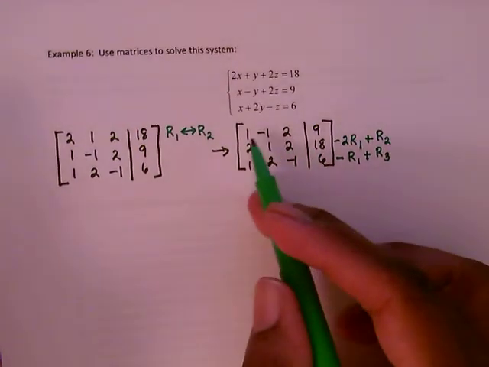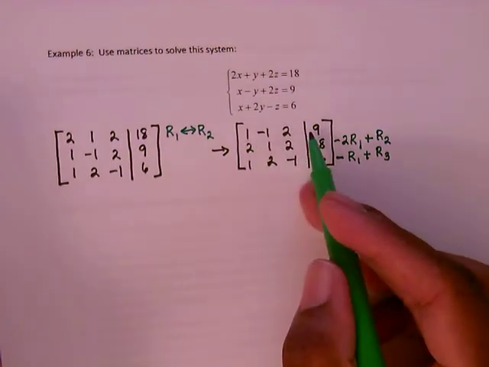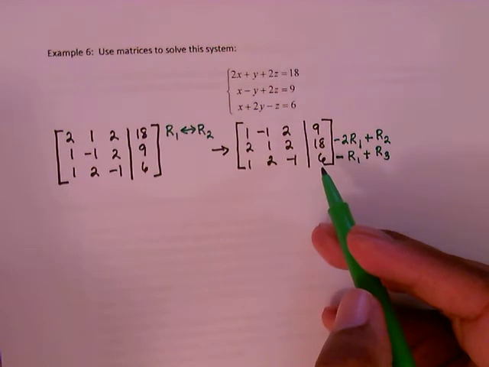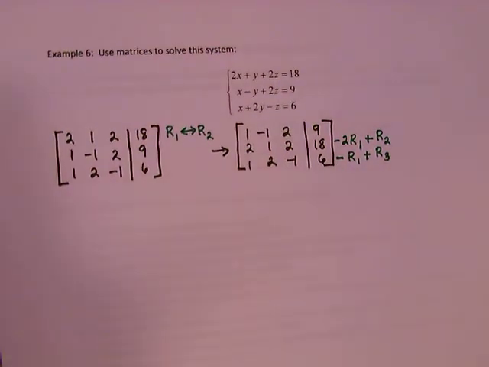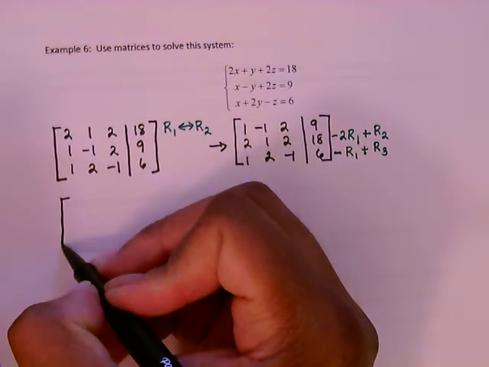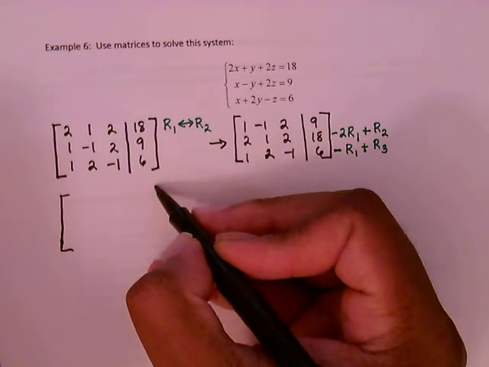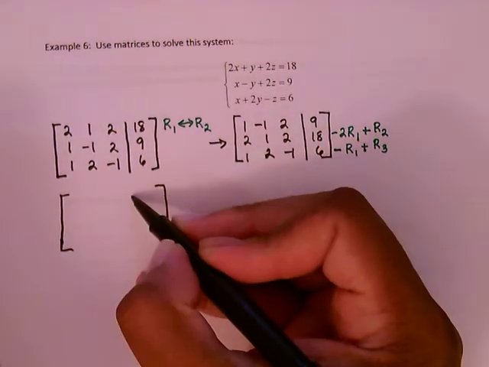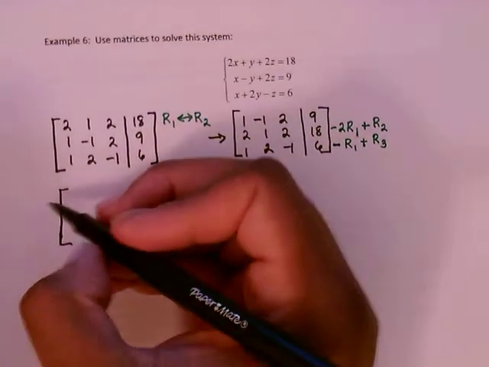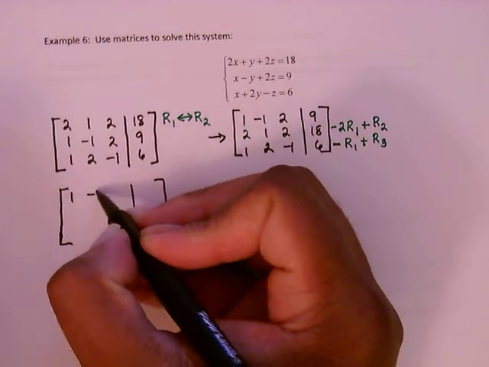Because I'm going to take each element in row 1, take the opposite of it, and then add that to each element in row 3. So when I do that, I'm going to have to continue this on the next line here. The first row remains the same, the 1, negative 1, 2, and 9.